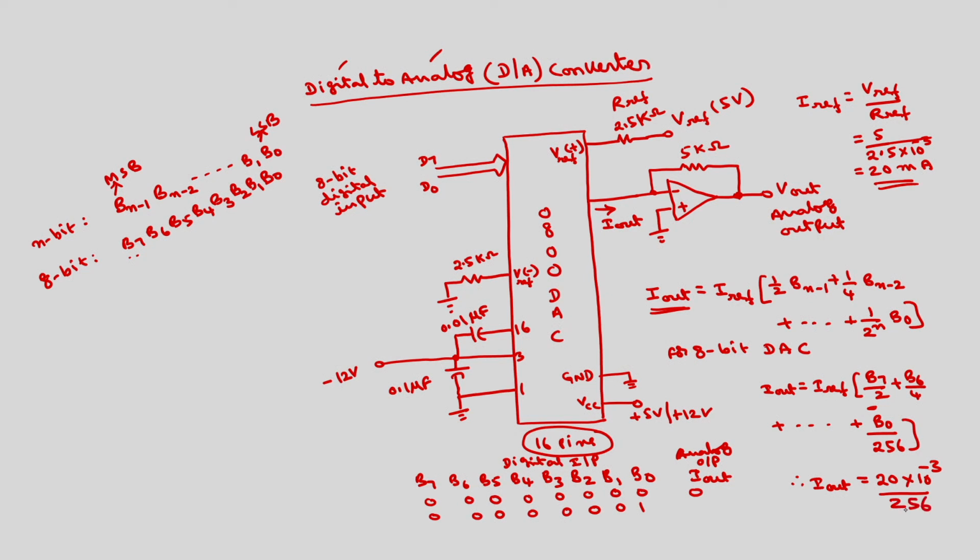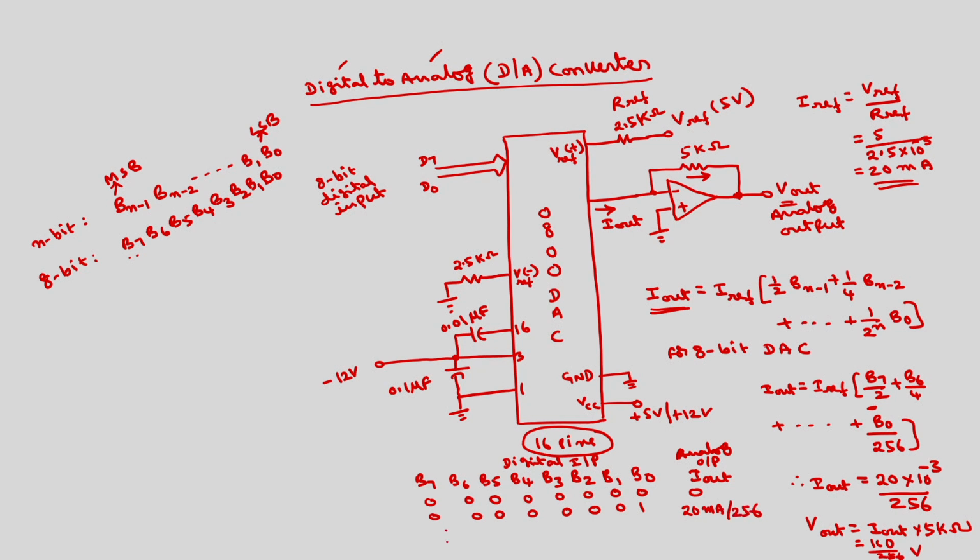And if I want a V out, V out is equal to I out into 5 kilo ohms, because this has to pass through this. So this kilo and milli will get cancelled. 100 by 256. This many volts will be the output voltage corresponding to 0001. This I out is 20 milliamps by 256.